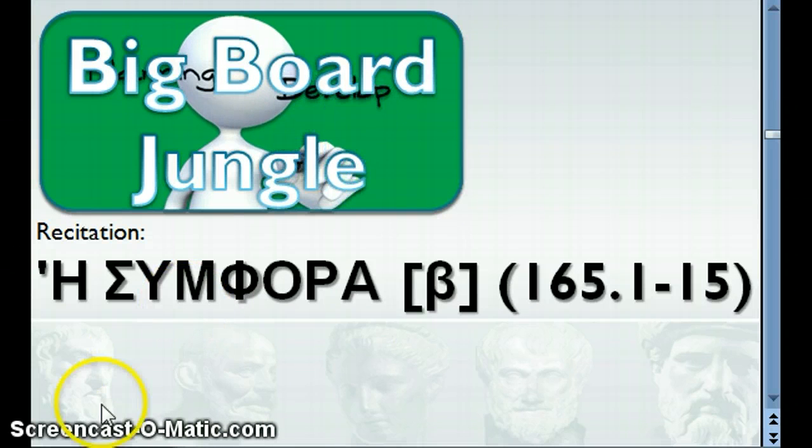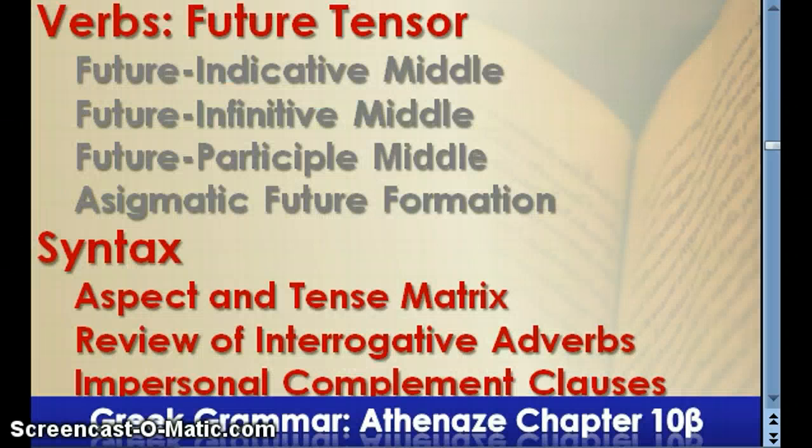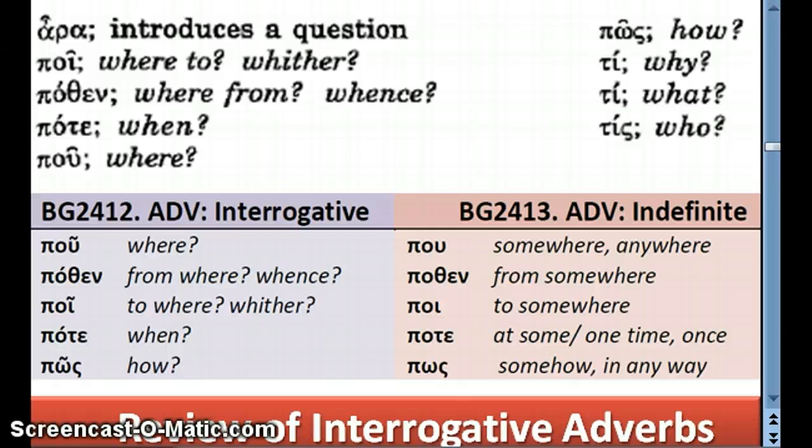Time is a precious thing. Never waste it. So moving to the next section, let's talk about the adverbs. These are the adverbs that we've seen already. They have the accent mark on them. Pu, where, pothen, from where, poi, to where, pote, when, pos, how. When you take the accent mark away, it becomes indefinite.